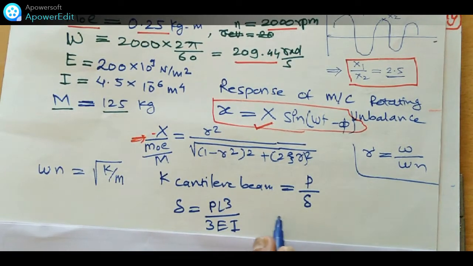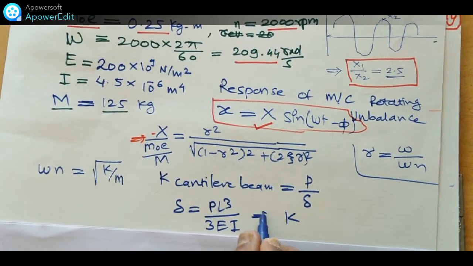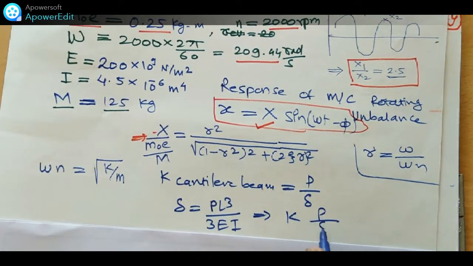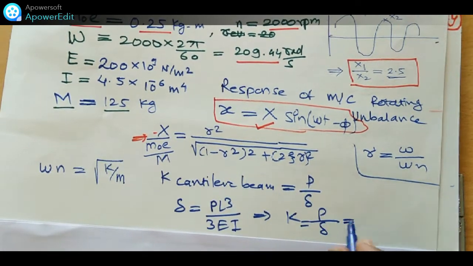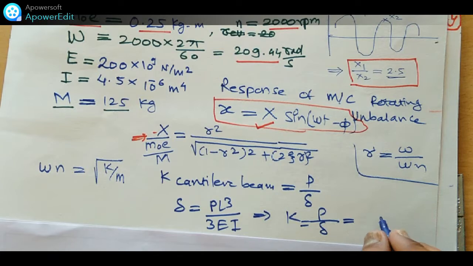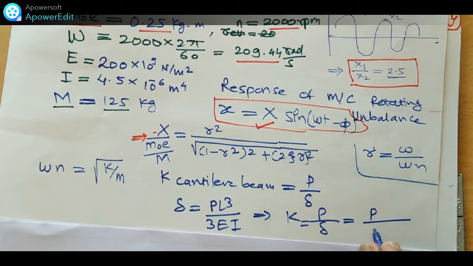From this you can find out this K, P upon delta, that is P upon PL cube upon 3EI.